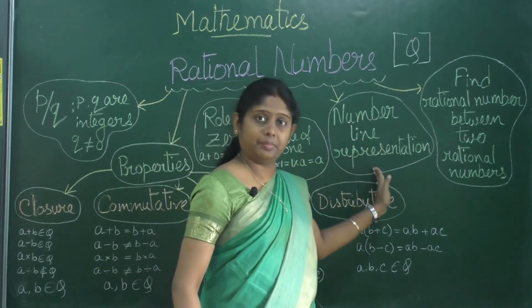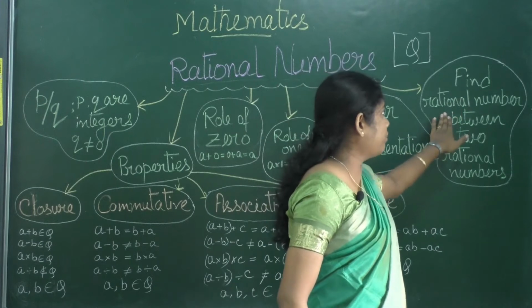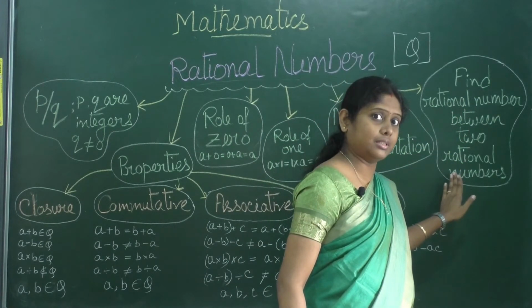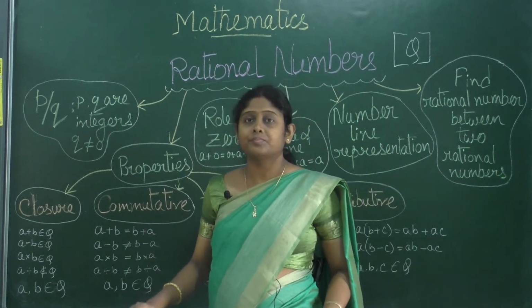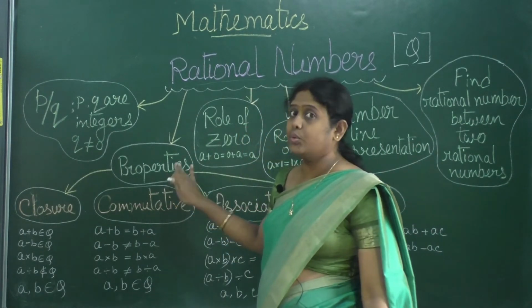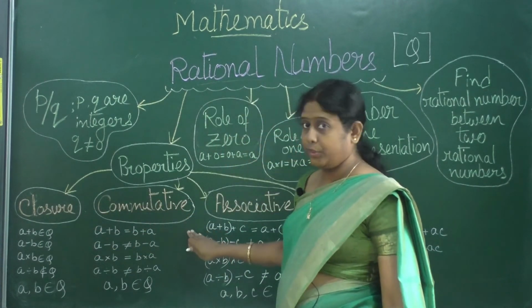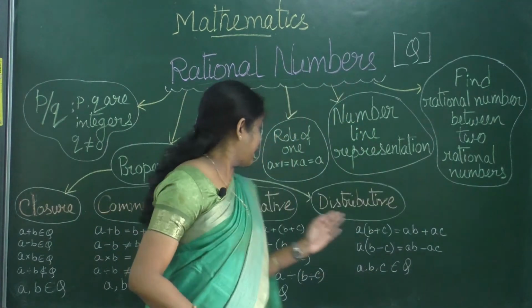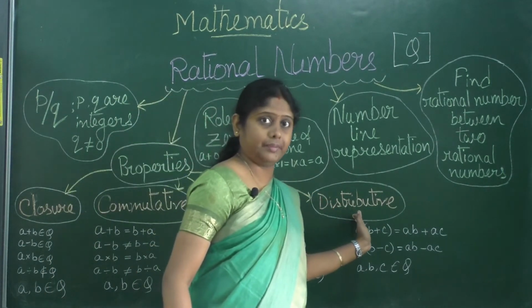Then number line representations. And last, finding rational numbers between two rational numbers. Okay, so start from the properties. In the properties, we will learn closure property, commutative property, associative property and distributive property.